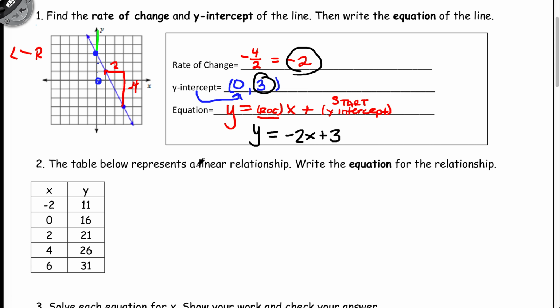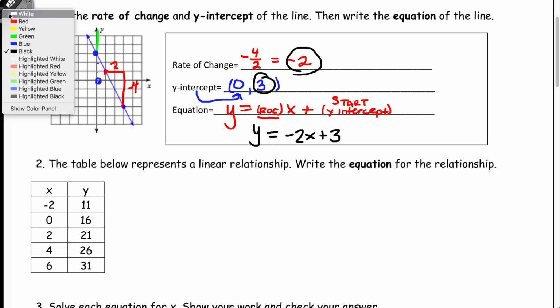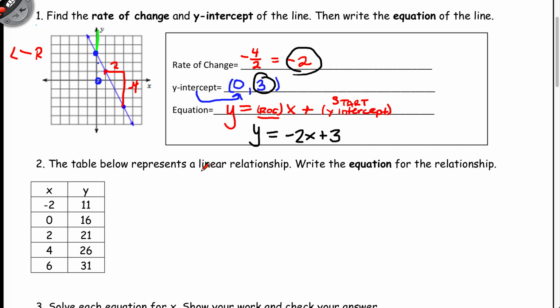All right, now let's look at the table. It tells you here that this table is linear. If something is linear, that means the pattern never broke. So linear is when the pattern doesn't break.